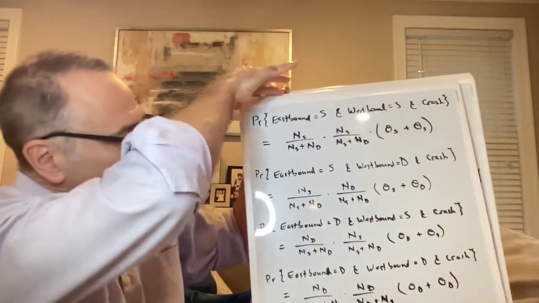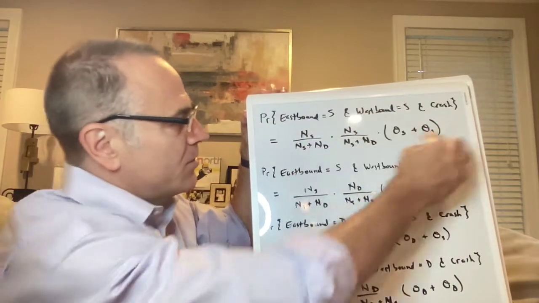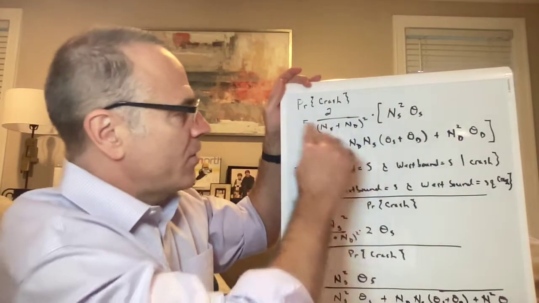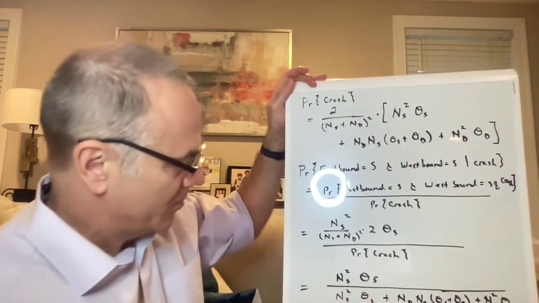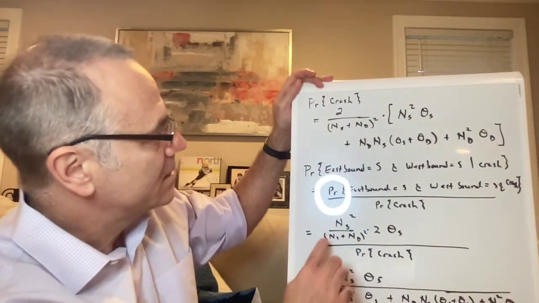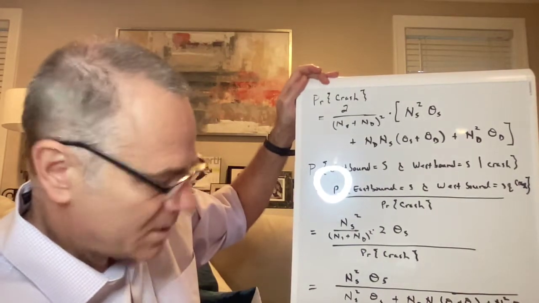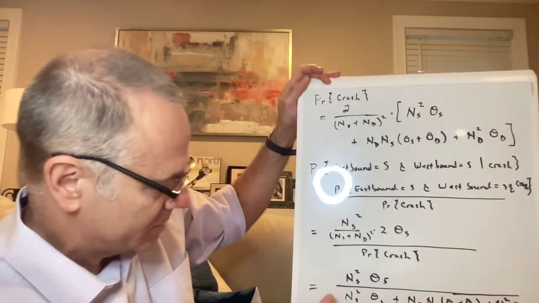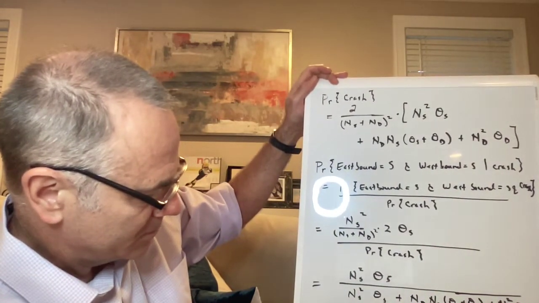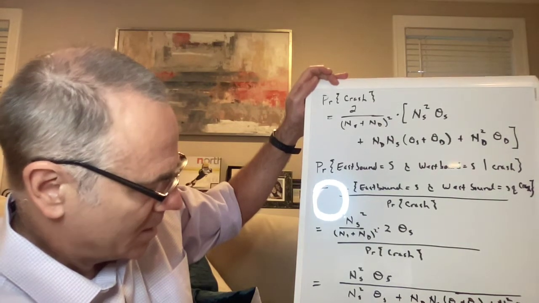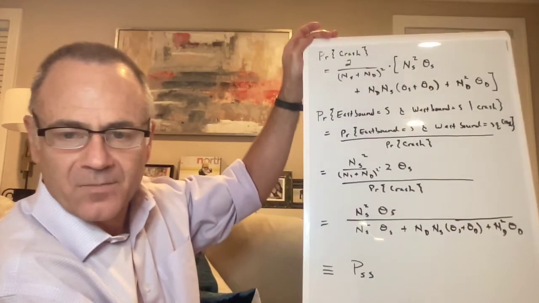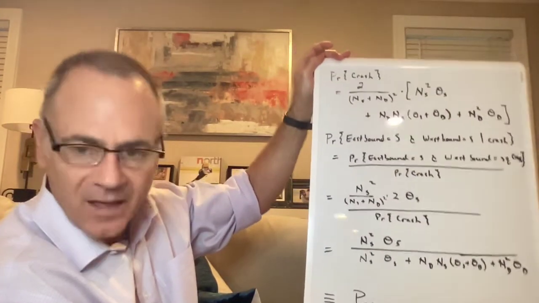If we take this term and divide it by the probability of a crash, which is this term, we get this, and that is all going to simplify to this term. So that is PSS.